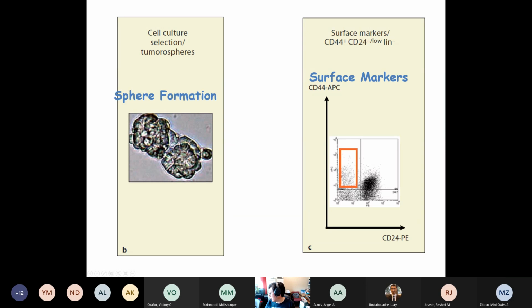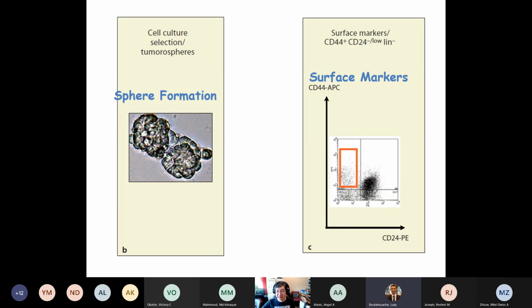You divide all the cells into four quadrants, and the cells are high in CD44 but low in CD24. On the horizontal dimension, as you move to the right, the fluorescence intensity increases, and from bottom to top, you also have increased fluorescence intensity. So the cells are higher in intensity of CD44 but low in the intensity of CD24. That fulfills your definition of the stem cells. You get them isolated.